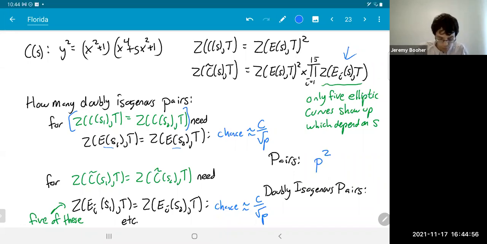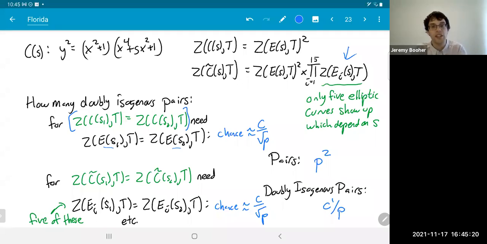If all of these zeta functions being equal are actually random, as we're guessing, and independent from each other, we would need 6 coincidences to happen, each with probability a constant over the square root of p. So the total number of doubly isogenous pairs we'd expect is some other constant over p.